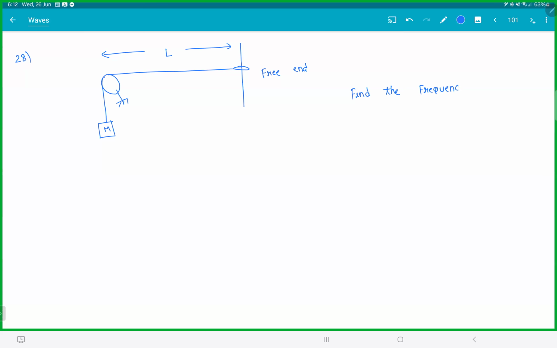Find the frequencies at which stationary waves form. That is the first one, standard question.